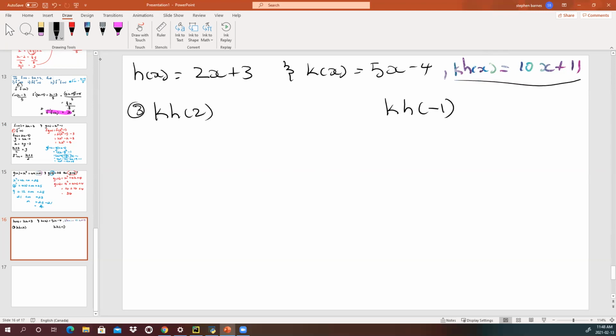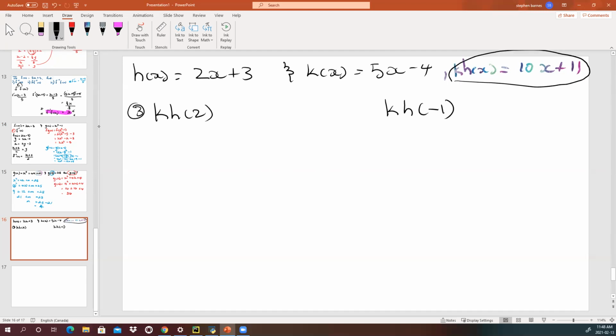This is the KH that we had found. This was our first question. So we have it already. So we just need to now input the information. So KH of 2 equals 10 times 2 plus 11, which is 20 plus 11, which is 31.